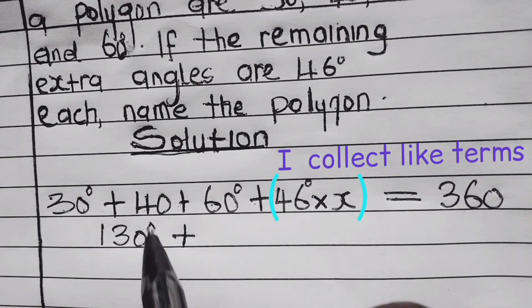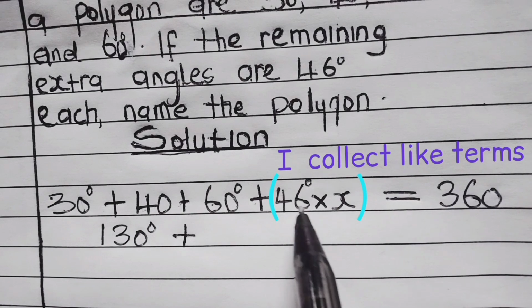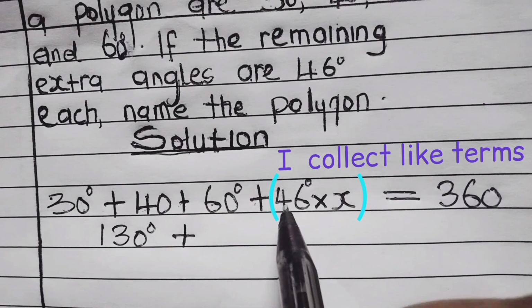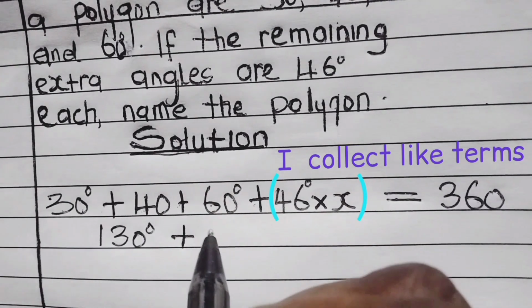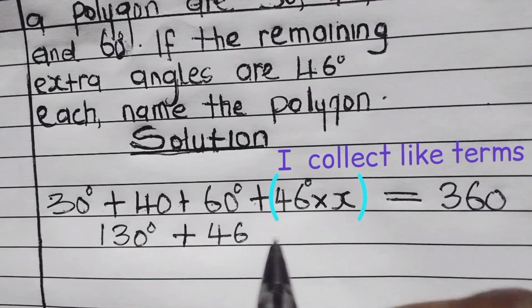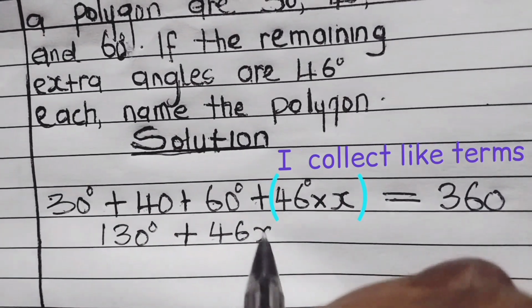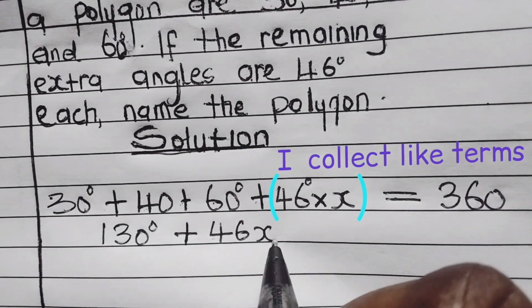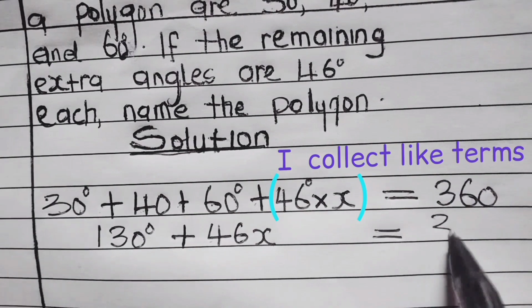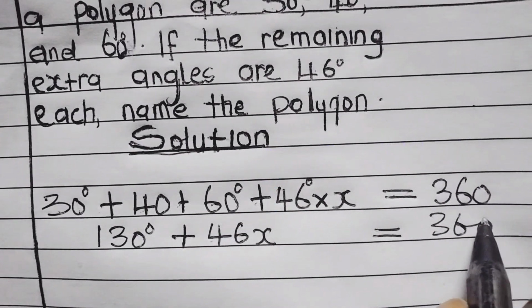I cannot add it with this one because it goes with x. I'll simply multiply the 46 with x. Plus 46 times x gives me 46x. I put the equals to 360.